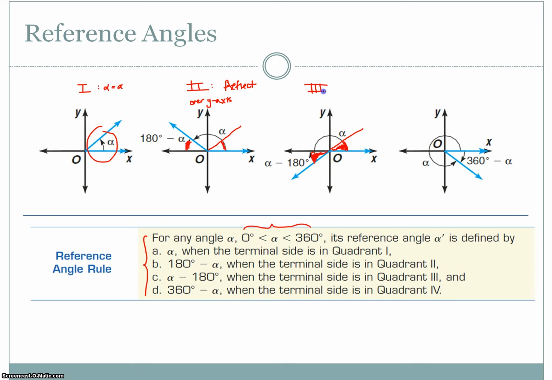In the third quadrant, it's going to be a vertical angle. Okay, recall from geometry that vertical angles are congruent to each other. And in the fourth quadrant, okay, if this is my angle, alpha, then its reference angle is just the same angle, but now flipped over the x-axis. So this is a reflection over the x-axis.